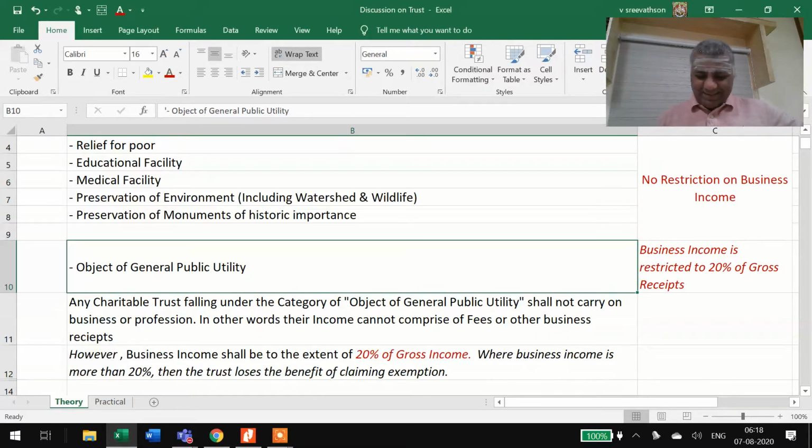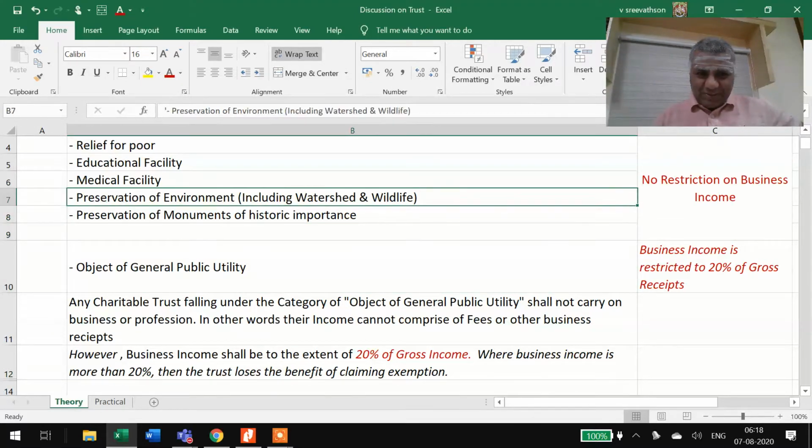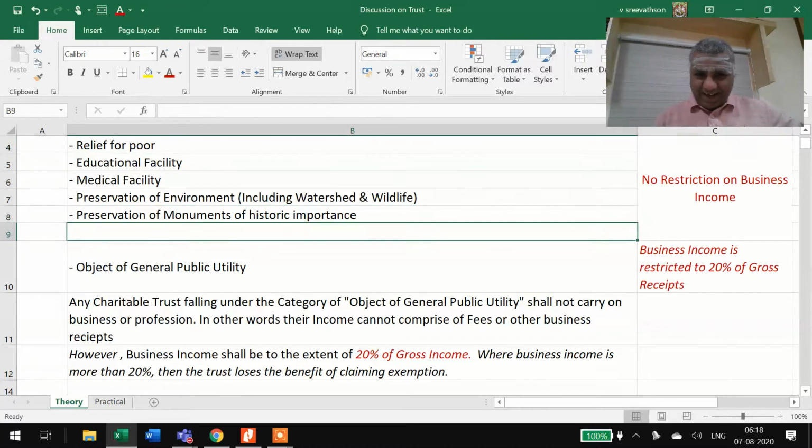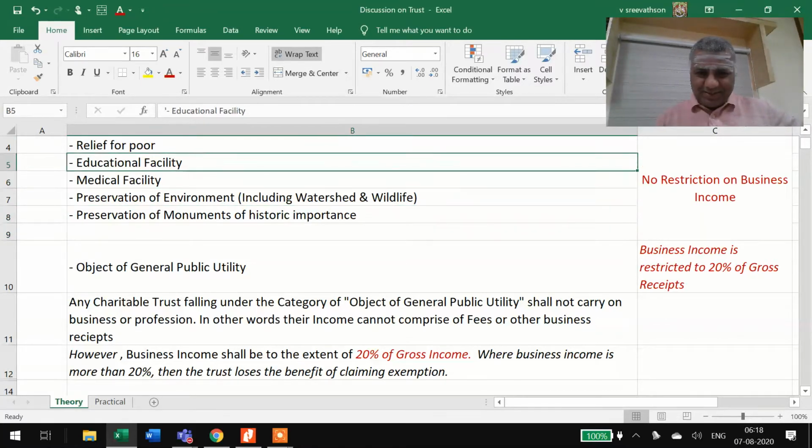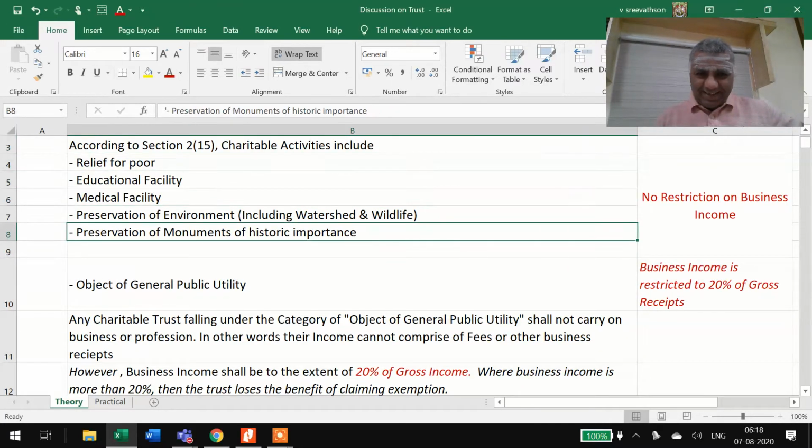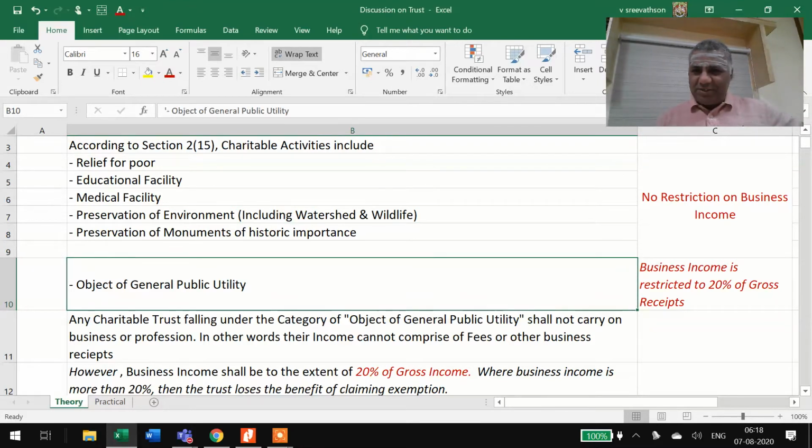So what happened is there are 5 categories. I have left a line blank there, so there is going to be 6 categories, and object of general public utility with the 20% restriction.